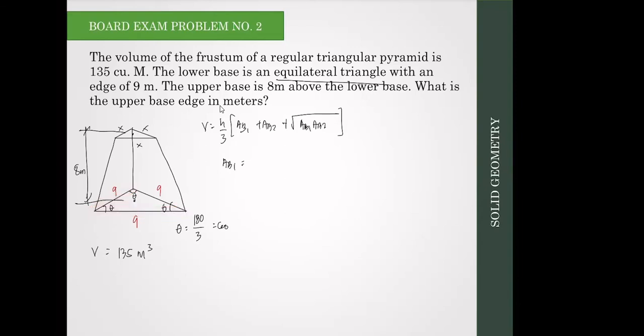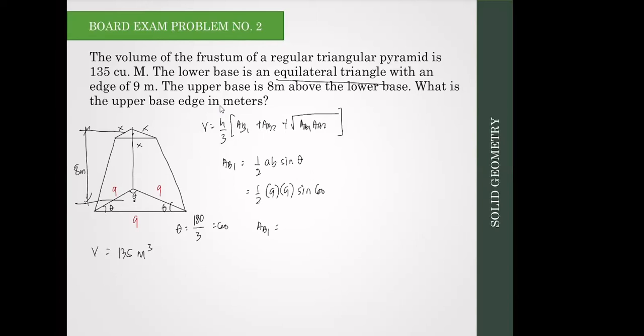Meron tayong formula last time na 1/2 yung side A, side B, tapos sine ng theta between them. Okay? So substitute natin 1/2 9 times 9 sine 60. So yung AB1 natin is equals to 0.5 times 9 times 9 then sine 60.